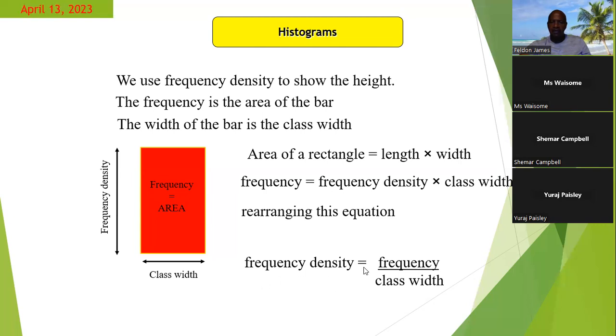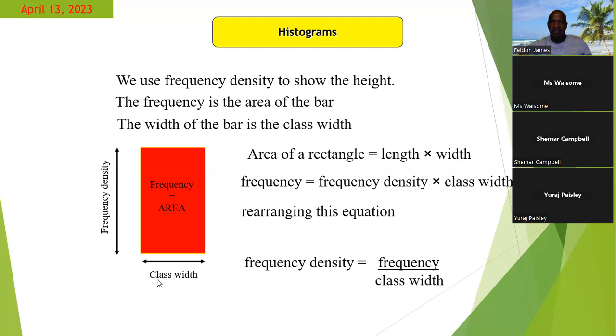So to get the frequency density, you divide the frequency by the class width. Now, if you multiply the frequency density by the class width, you will get the frequency.